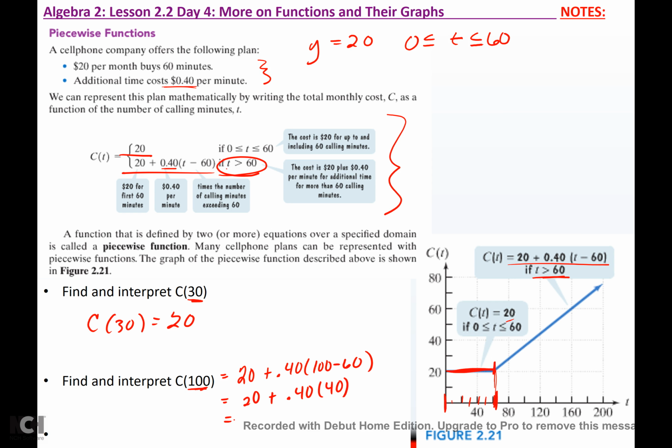So if I plug that in, I have 20 plus 0.40 times 40. I get 36 bucks. So if you talk for 100 minutes, your bill is going to be $36.